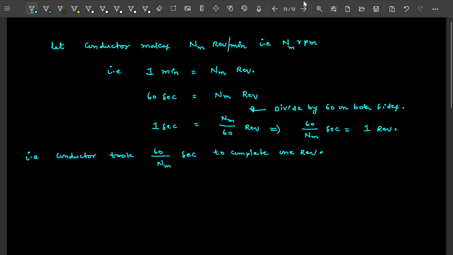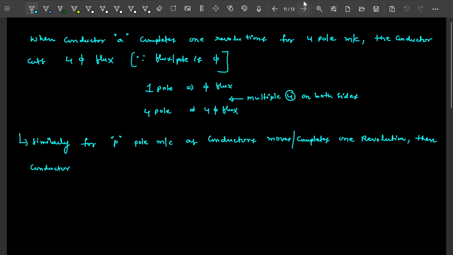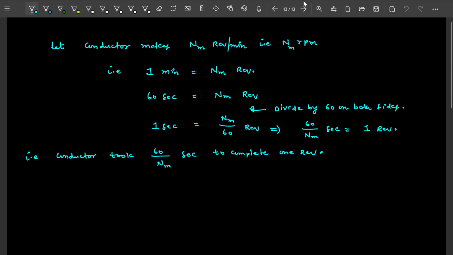That is, in one revolution the conductor took 60 by Nm seconds. Okay, to complete one revolution the conductor took 60 by Nm seconds. That is, when the conductor is moving at Nm rpm, the conductor took 60 by Nm seconds to complete one complete revolution.